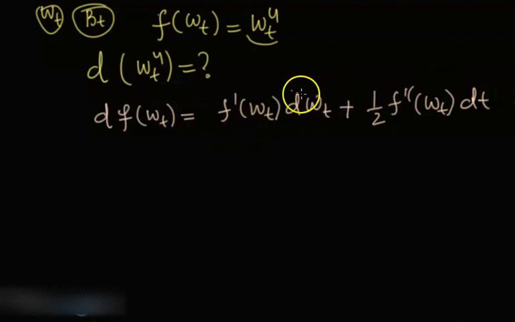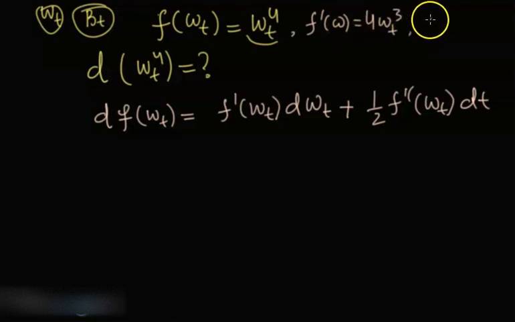So I need the first derivative and second derivative of this function. Its first derivative is going to be 4 times W sub t cubed, and its second derivative is of course going to be 12 times W sub t squared.